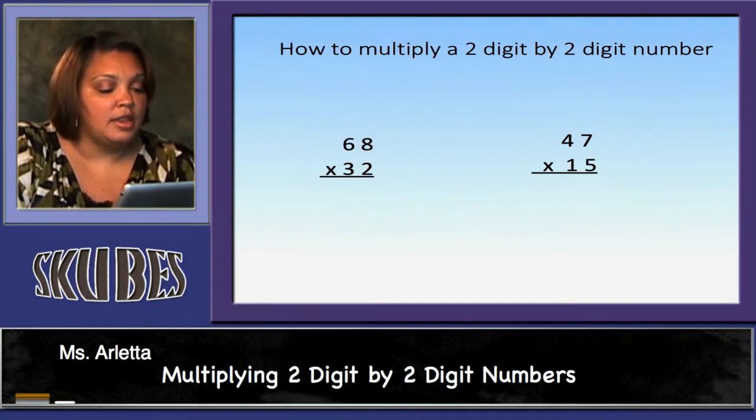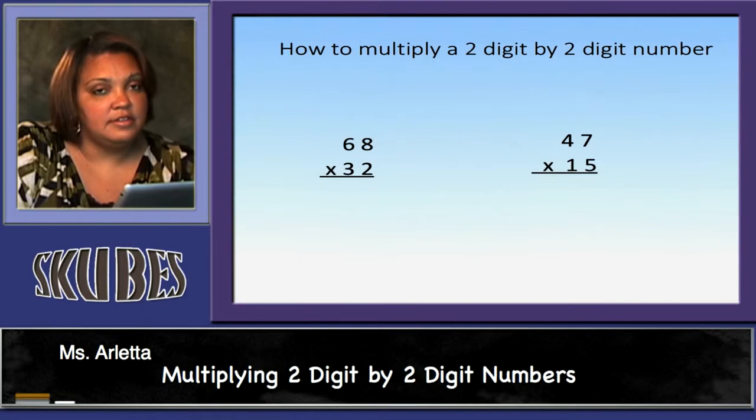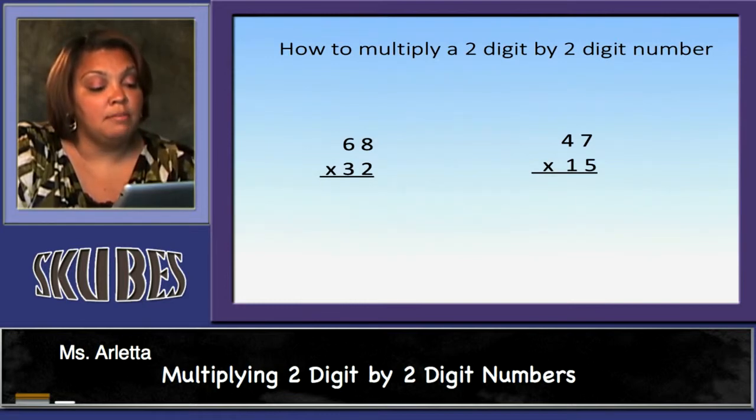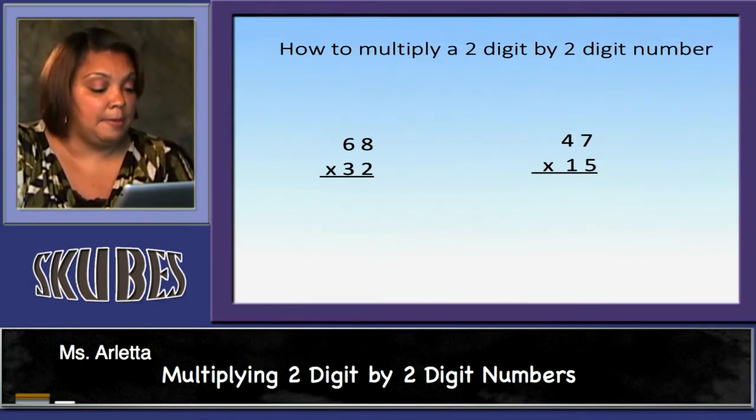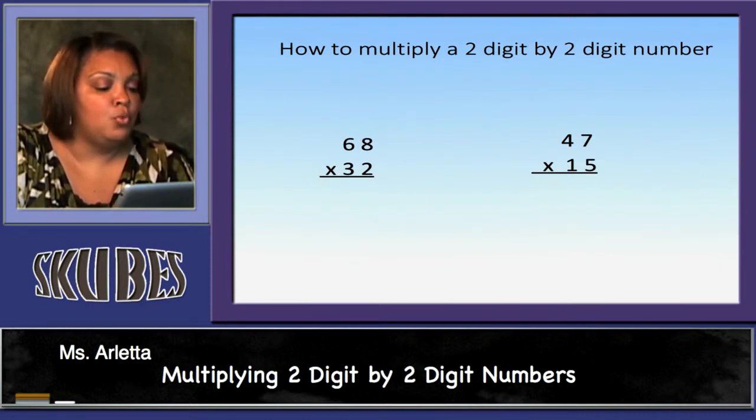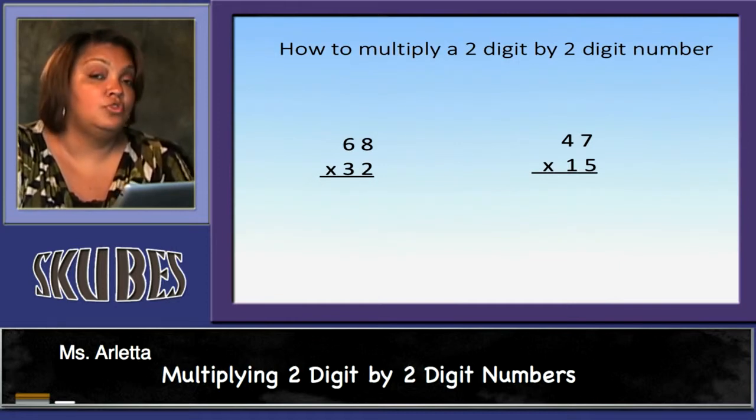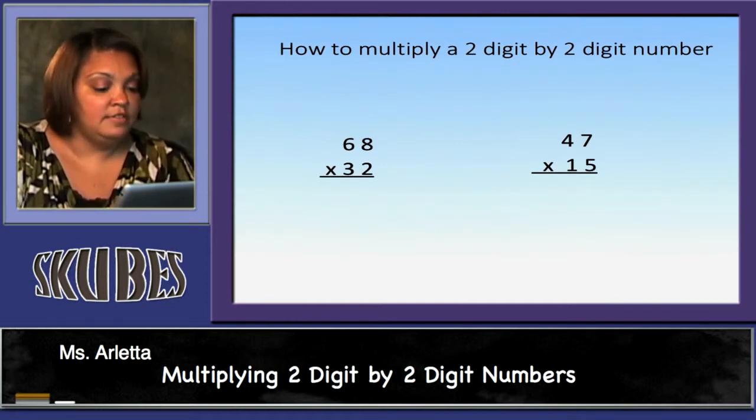Once you're done with that, then you do the tens digit of the multiplier, multiplying it once again by the ones digit in the multiplicand and then by the tens digit in the multiplicand. I have a little trick that will help you once you're done with the ones digit as far as getting to the tens digit. Let's start.